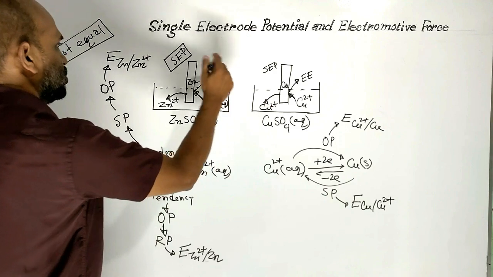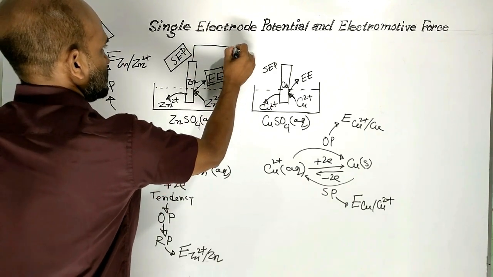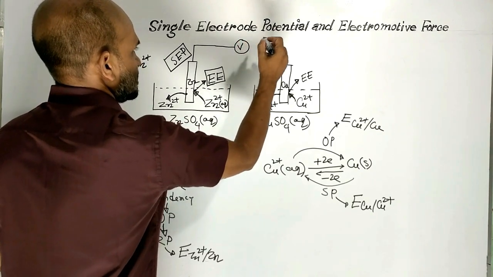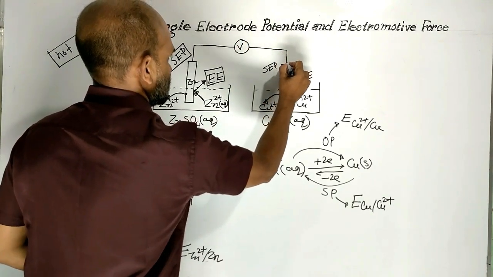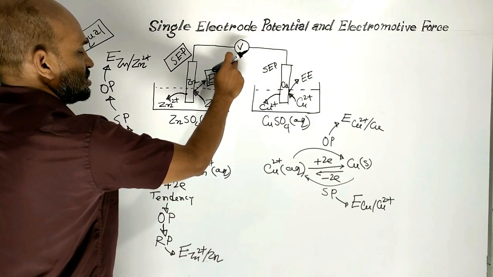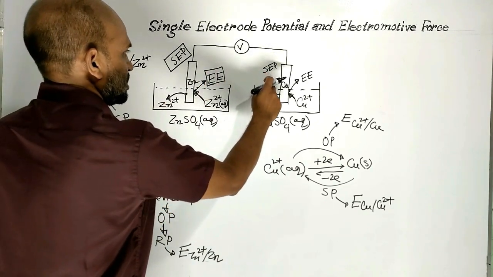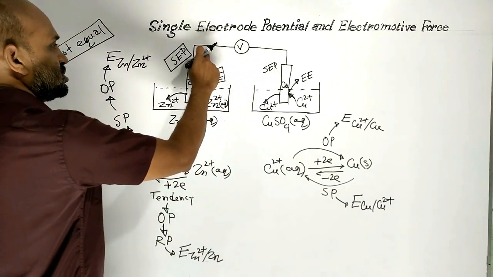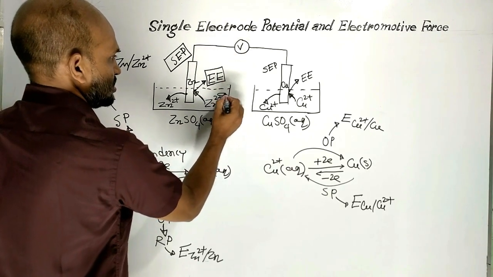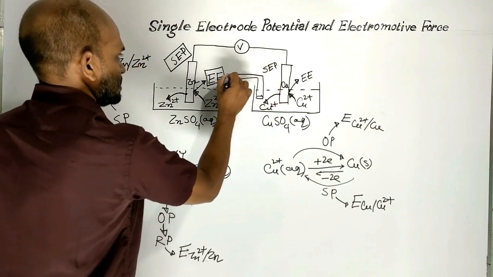But when these two electrodes are connected with wire, with a voltmeter or galvanometer, a voltmeter is used to measure the voltage of the cell, and here a salt bridge is set.